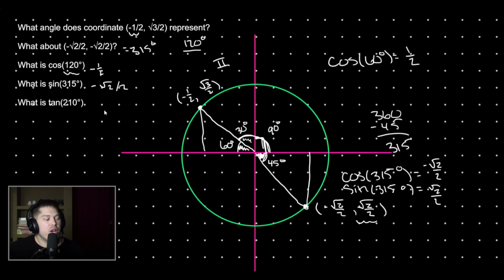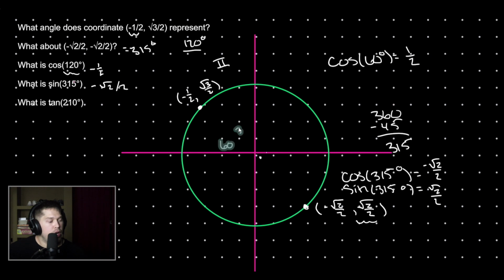And then lastly, what is tangent of 210 degrees? Okay, so we need to find out where 210 degrees would be, first of all. So what quadrant would that be in? Let's clean this up a little bit so we can more clearly see everything that's happening.